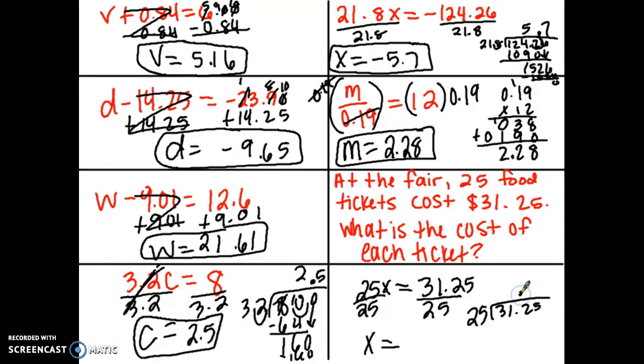Bring up your decimal. 25 will go into 31 one time with 6 left over. 25 will go into 62 2 times with 12 left over. 25 will go into 125 5 times. So my price per ticket is $1.25.